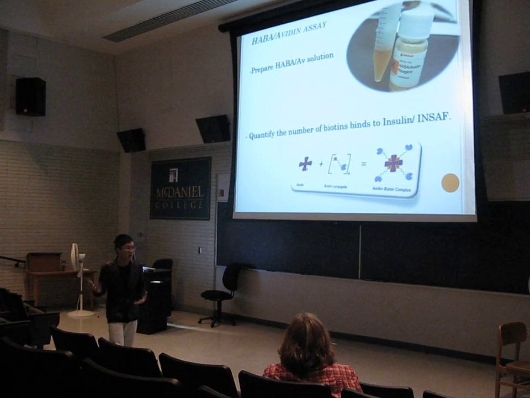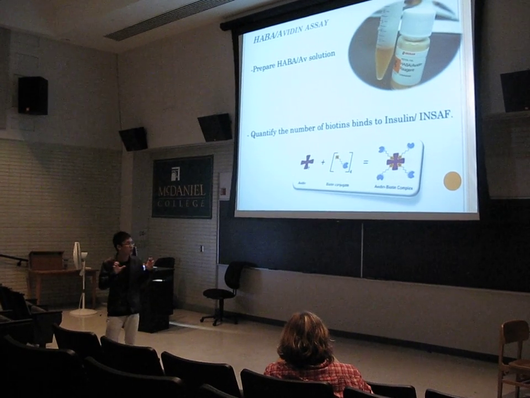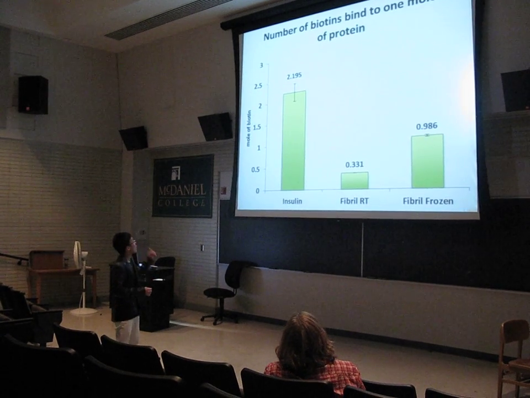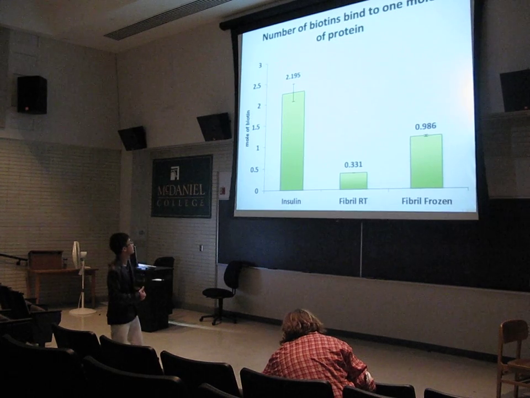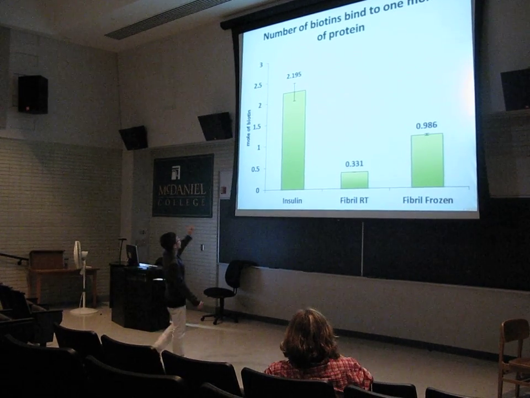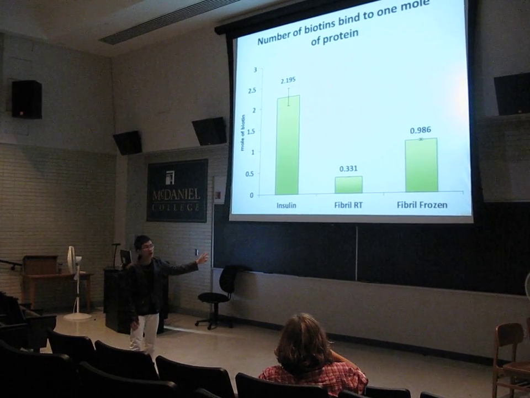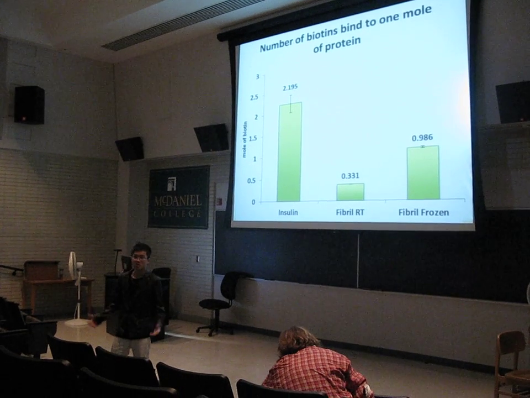Based on the decrease, we can calculate the number of biotin that bind to this fibril. After doing the biotinylation, my conclusion is that biotin binds to the fibril following this ratio: 2:1 for insulin, 1:3 for fibril stored at room temperature, and 1:1 for fibril stored at lower temperature.